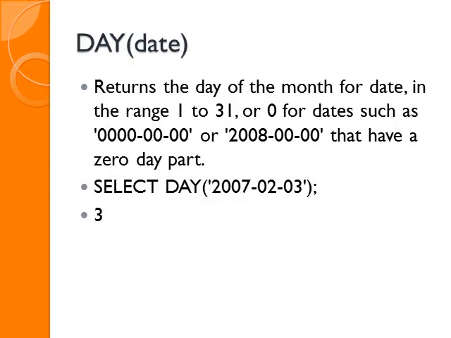DAY. DAY also requires a date as an input. It returns the day of the month for the date in the range 1 to 31, or 0 for dates where the day part has value 0. Example, SELECT DAY within parentheses 2007-02-03 is given, so it gives you only the day, that is 3.